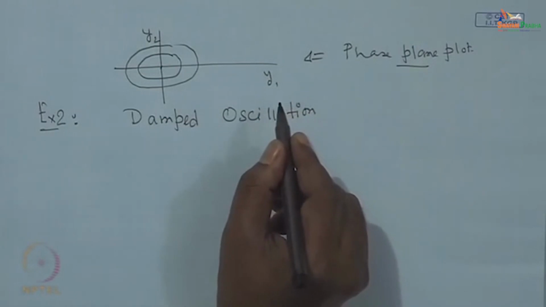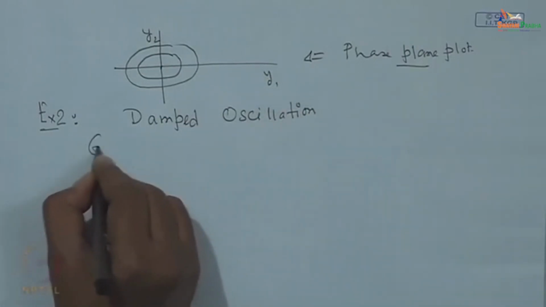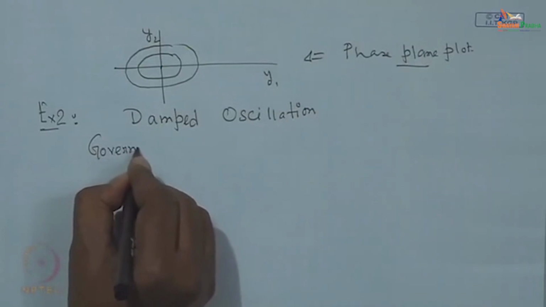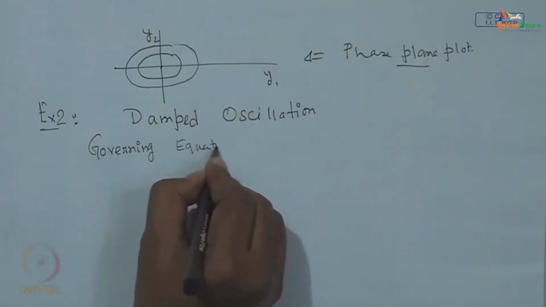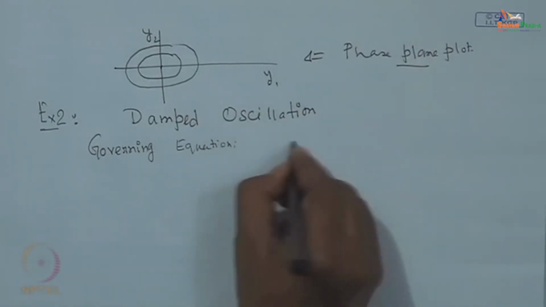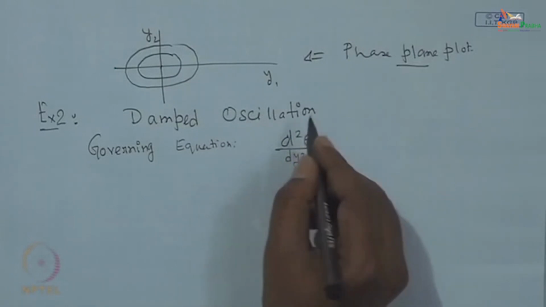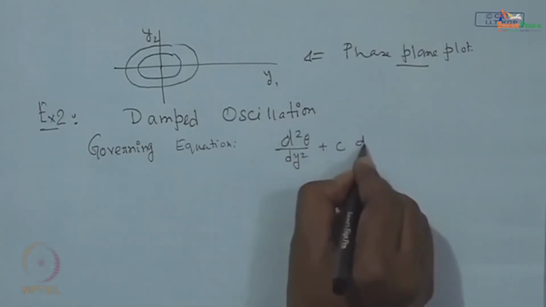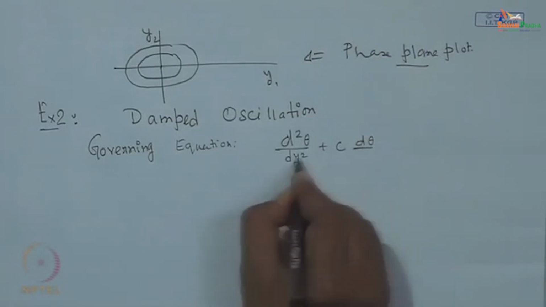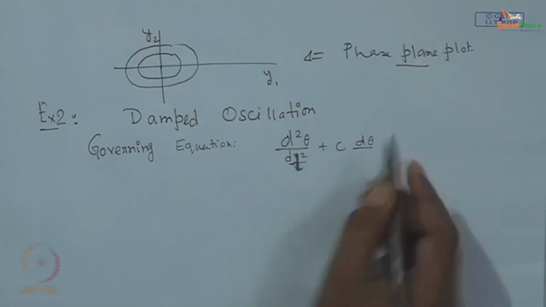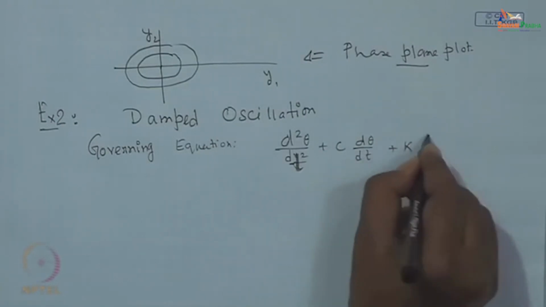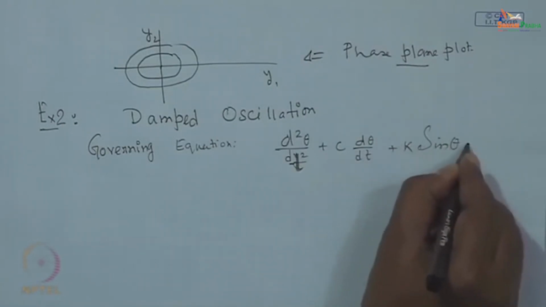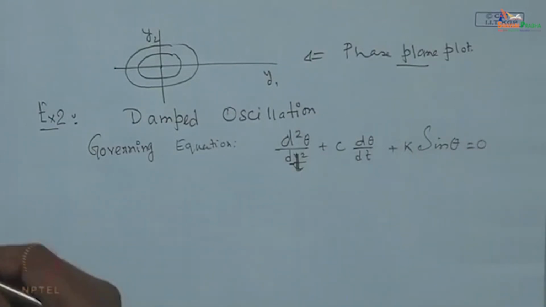Now, in case of damped oscillation, the governing equation will be d squared theta dt square plus c d theta dt plus k sin theta equal to 0.